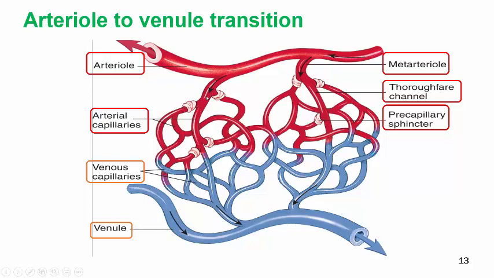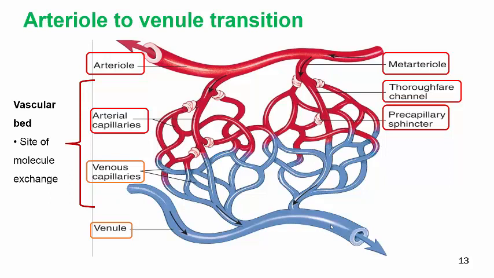So we see an increase in the branching of smaller and more numerous vessels, and these very small and numerous venous capillaries will eventually merge back into larger venules. The blood here will return back to the general circulation. This is what is typically referred to as the vascular bed, and this is the site of molecule exchange.